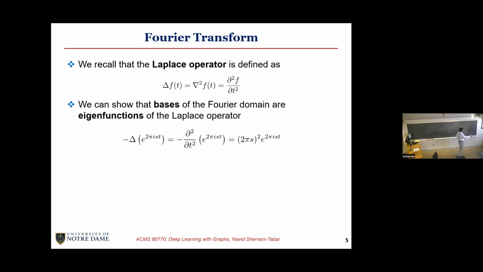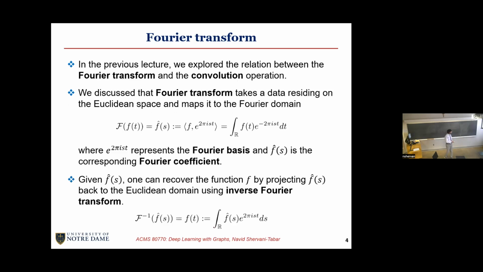So we just take the Laplace operator and we show that the eigenfunctions of the Laplace operator are the basis for the Fourier transform. So these bases that we use for the Fourier transform are eigenvectors of the Laplace operator.